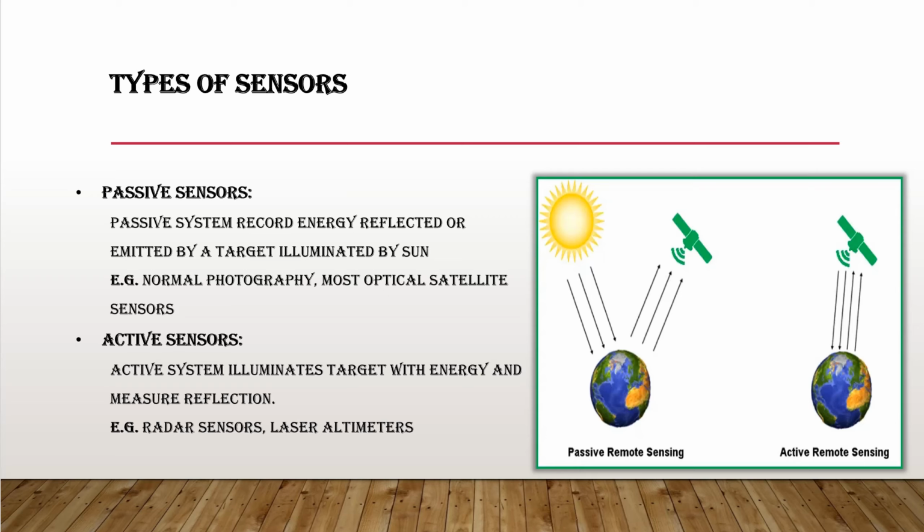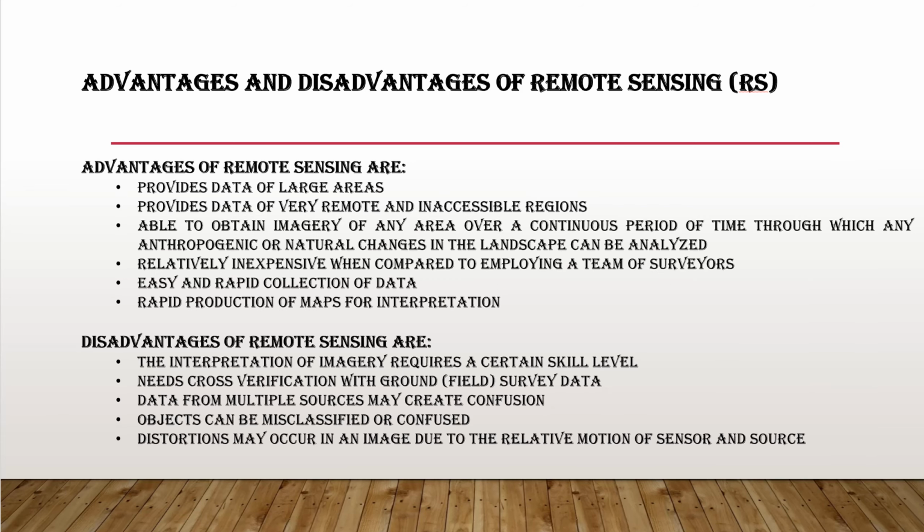Most of the microwave remote sensing is done through active remote sensing. Examples of passive sensors are normal photography, and most optical satellite sensors are passive sensors. Examples of active sensors are radar sensors, laser altimeters, etc.